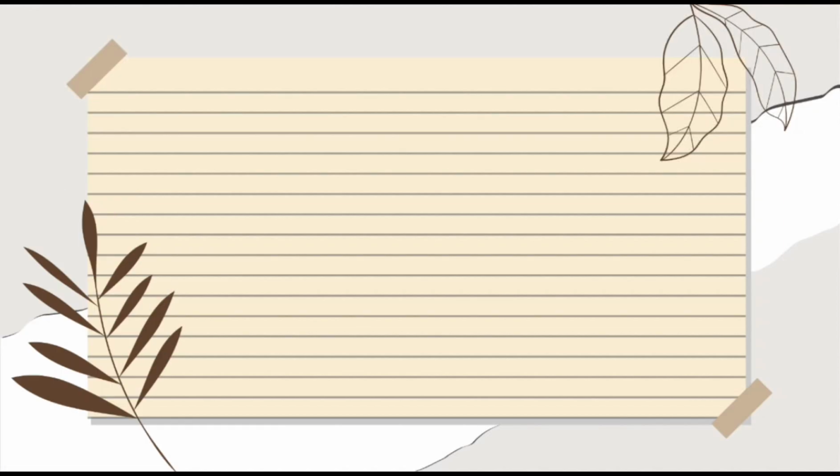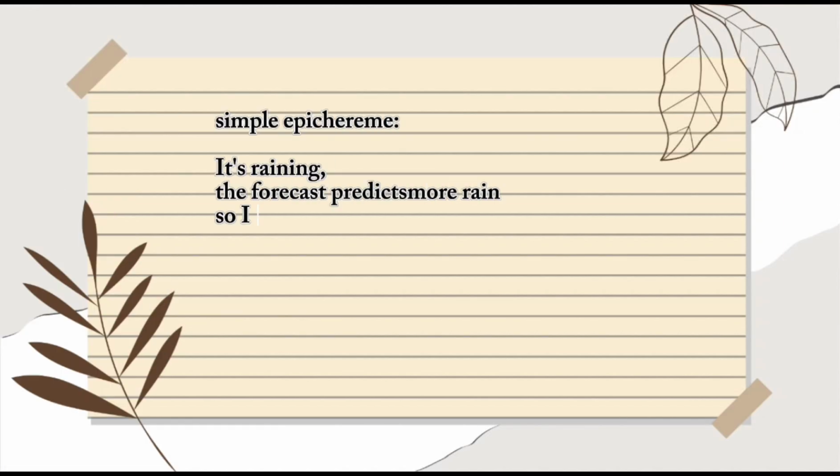So I will give you another example in epigram, and it will be, it's raining, so I shall bring an umbrella. This is a simple epigram because there is one reason supporting the conclusion.